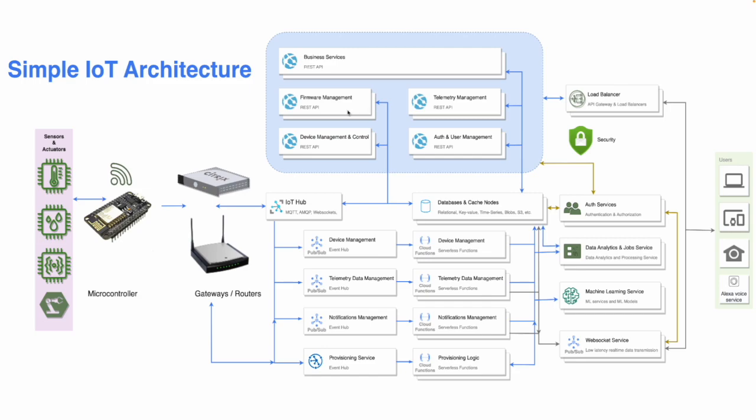You need an API for firmware management. So let's say you need new firmware on your device, you could send that over the hub, or you could send that to a blob somewhere and trigger it from the hub, and the device can go to the blob to download it. However you want to design it. And here's your telemetry management. I know we talked about using WebSockets to view telemetry, but that's usually good if you want to view live data.